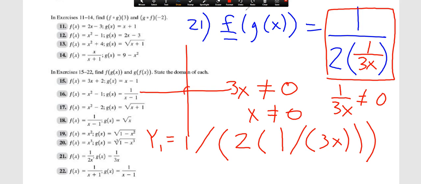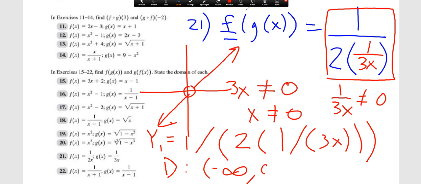Folks, it looks like something like a line like this with a big old hole in the middle. Yeah, it's a removable discontinuity, folks. That's kind of a weird one. So your domain for this would be what? Negative infinity to 0, parenthesis, union, 0 to infinity. Everything except 0.